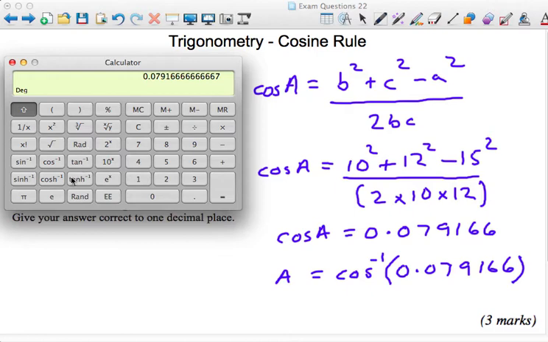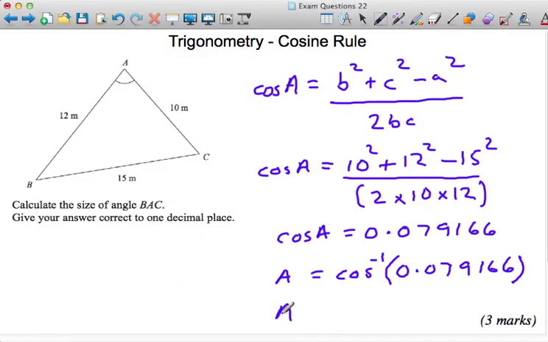The inverse cos function, usually you have to use the shift button to get at this function, and that gives me 85.459. Given the answer to one decimal place, that'll be 85.5 degrees. So A is 85.5 degrees. And that completes the question.